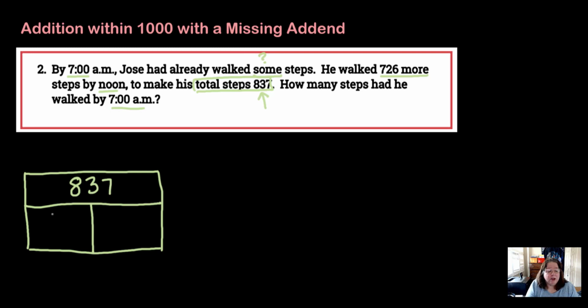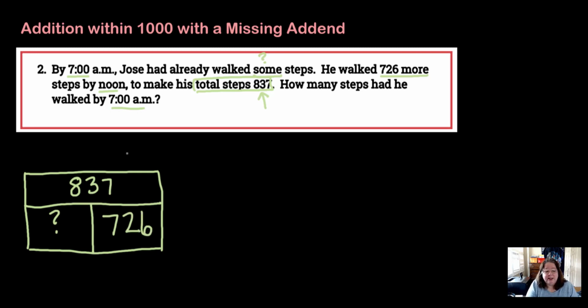That's the part we don't know. This is the part before 7 a.m. From 7 a.m. to noon, we do know that he walked 726 steps on top of what he had already walked. So we know that there's some steps that he already walked, and we know that he walked 726 more steps.